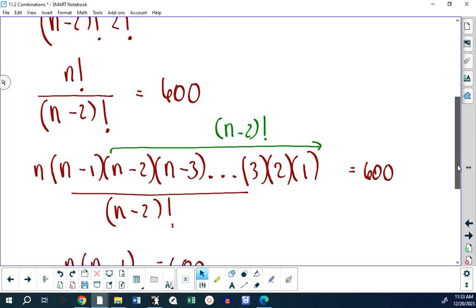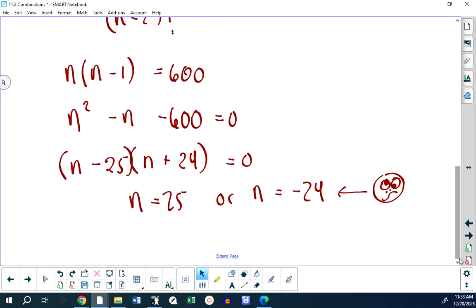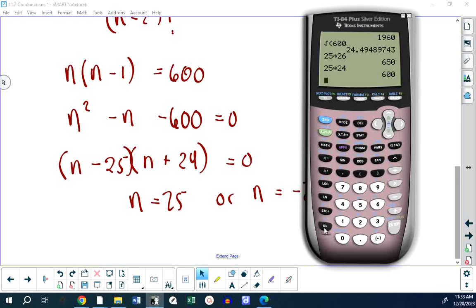But regardless of where you end up, you could just do this. Y equals x choose 2, go to your table and look for 300. Right?